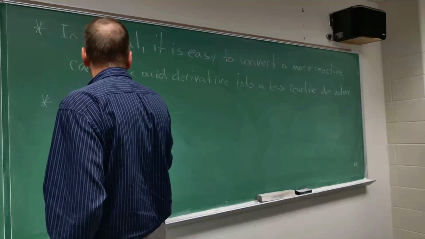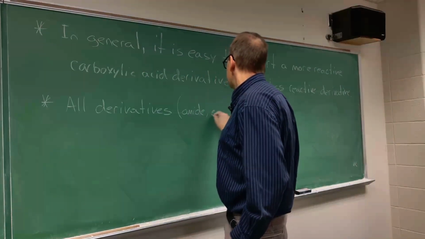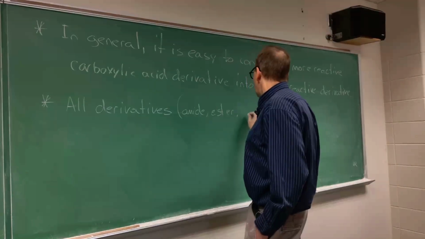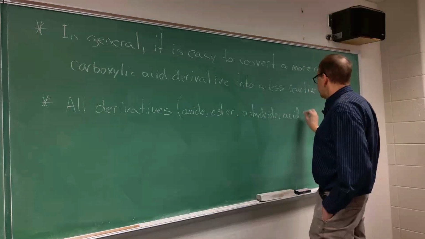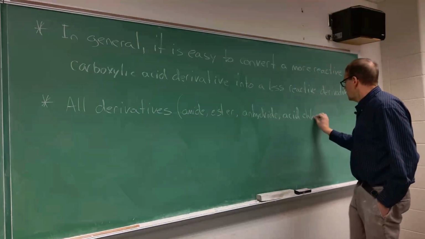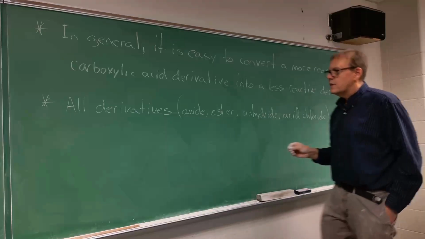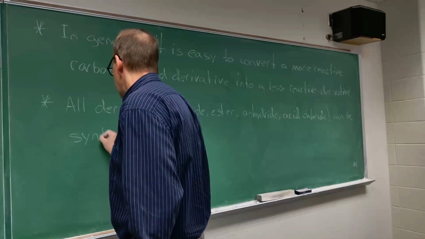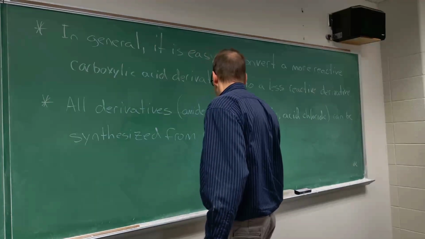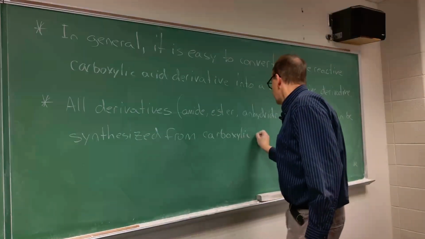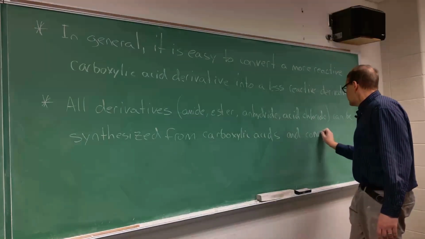All the derivatives, that's amide, ester, anhydride, and acid chloride, these four derivatives can be synthesized from carboxylic acids and converted into carboxylic acids.